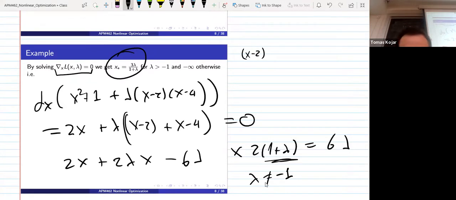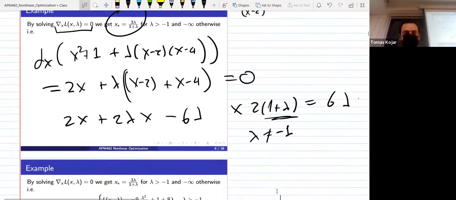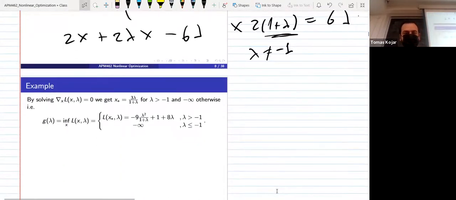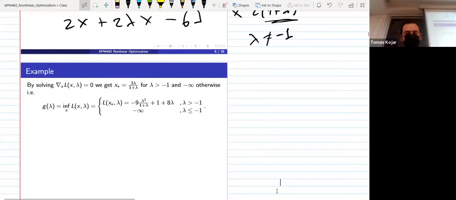I cannot divide unless lambda is not minus 1. Okay, let me just say that. So that's why lambda cannot be minus 1.